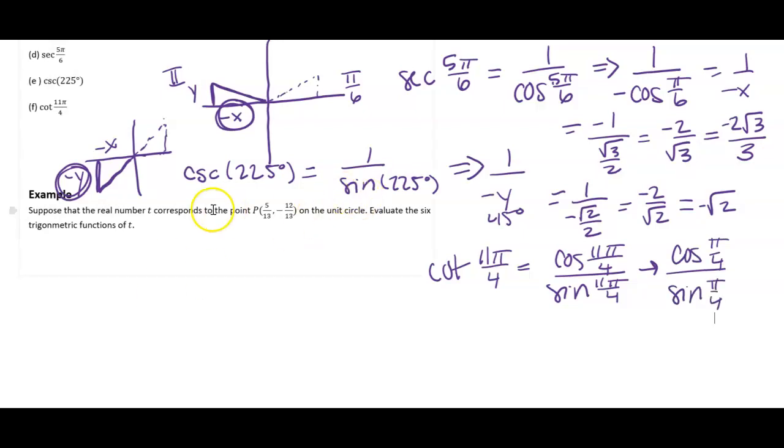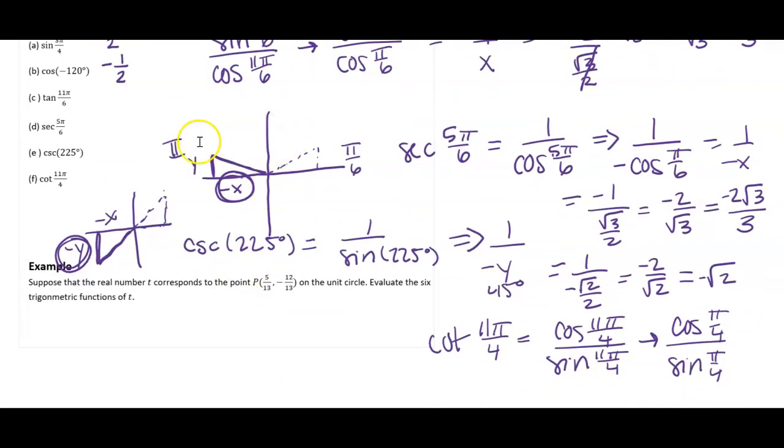And in the second quadrant, negative x, positive y, so cosine would be negative. Now, at pi over 4, cosine and sine are the exact same thing. So this number and this number will be the same, and I'm just left with negative 1 for my answer.